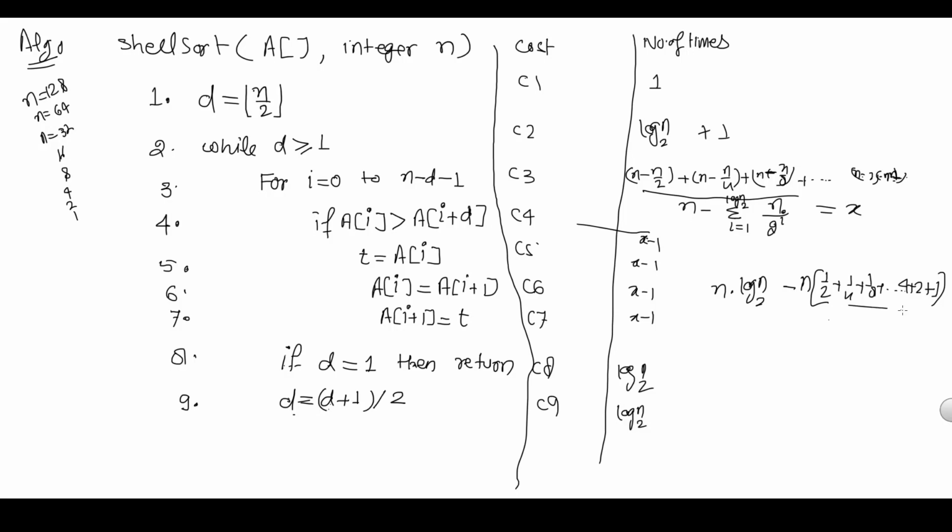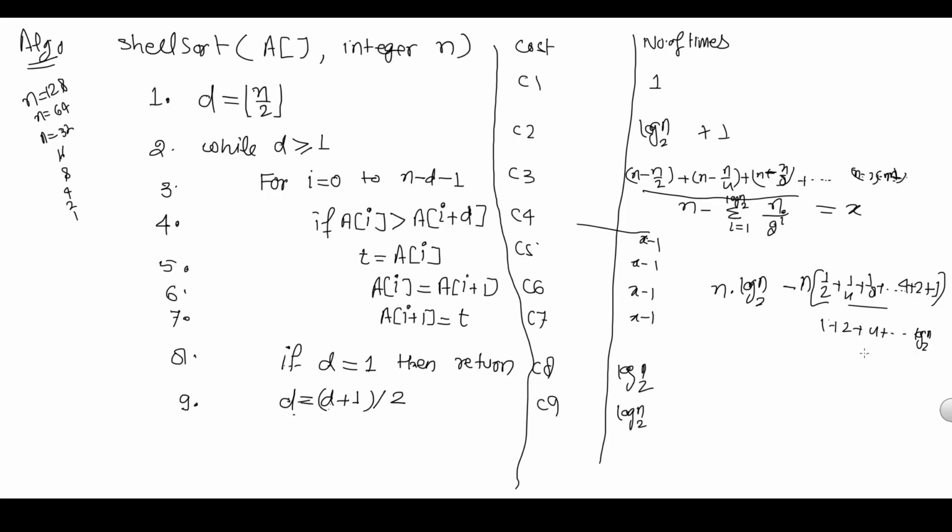So we have to calculate this, and we can write this in reverse order: 1 plus 2 plus 4 plus, and so on, with log n base 2 terms.